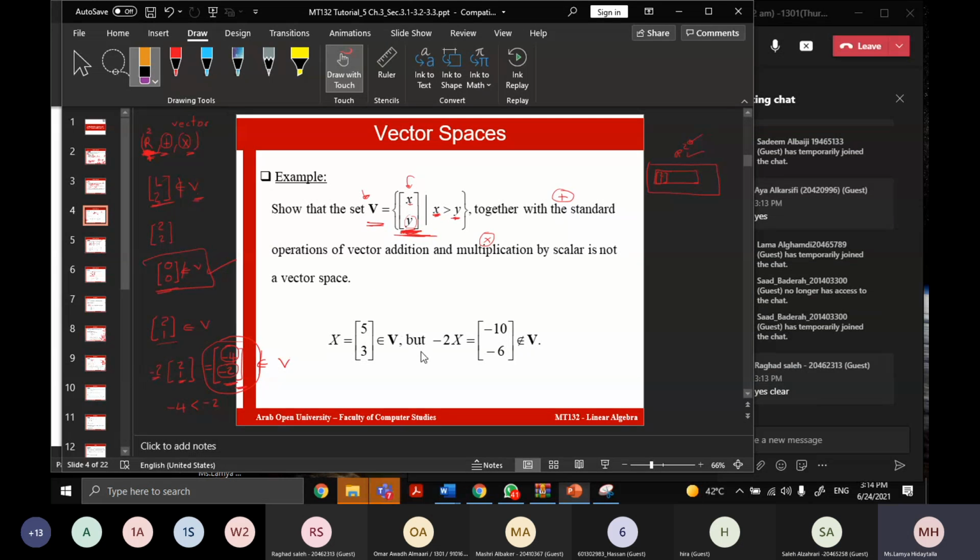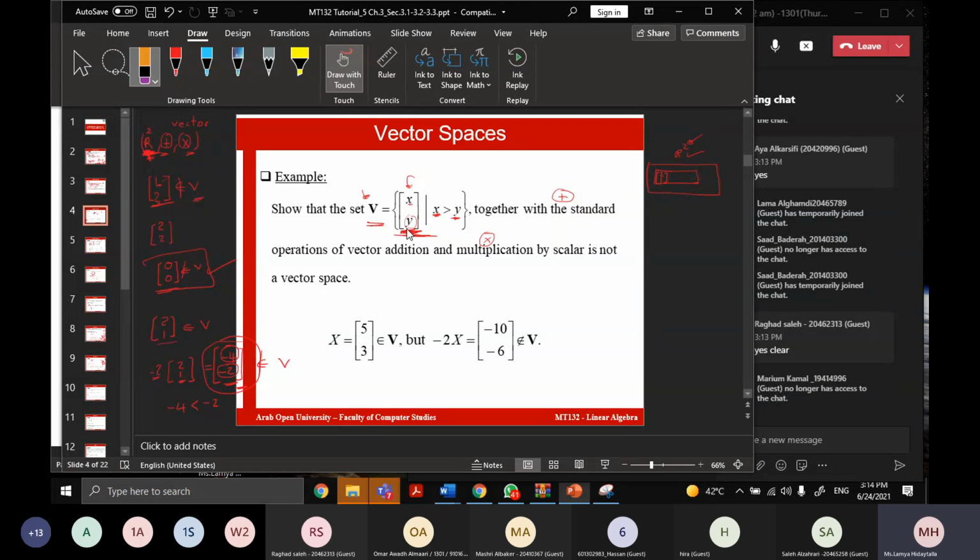And we did some examples. We knew this is a subset from R2. We defined on it the 2 standard operations, but we knew that this is not a vector space, for instance. Why is that?